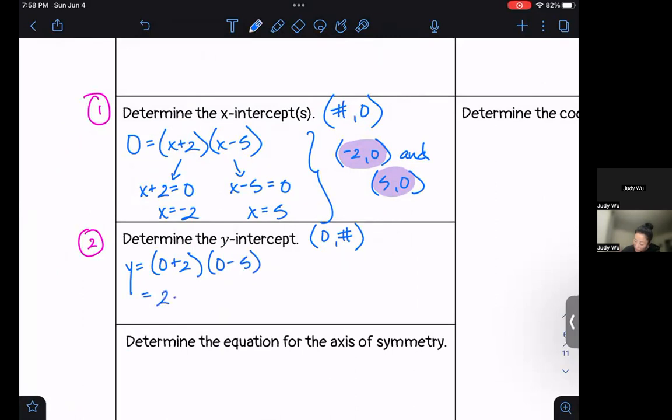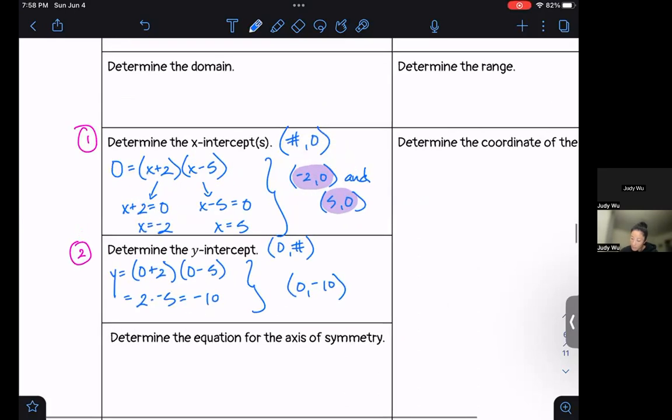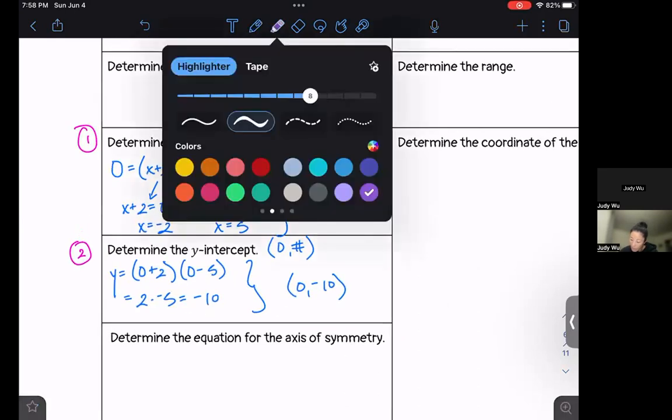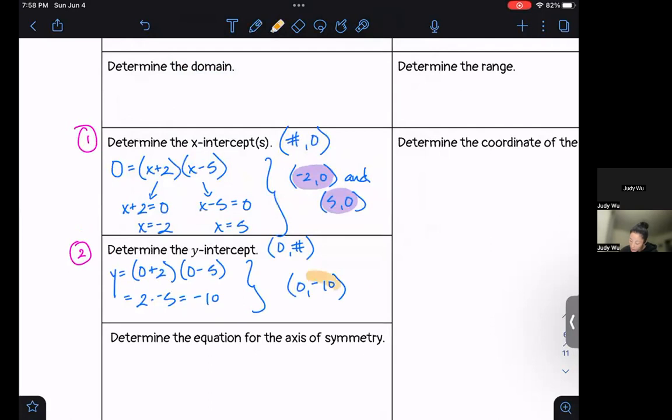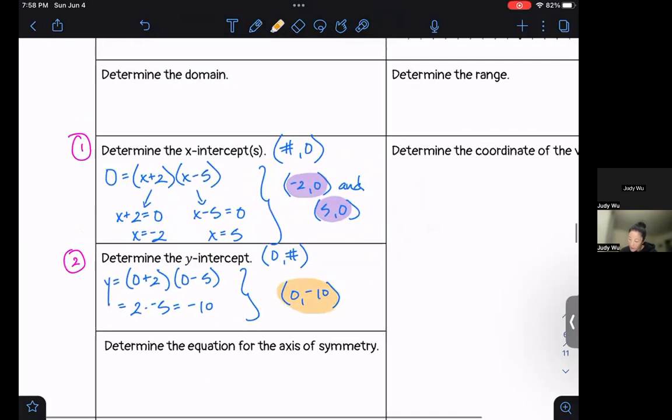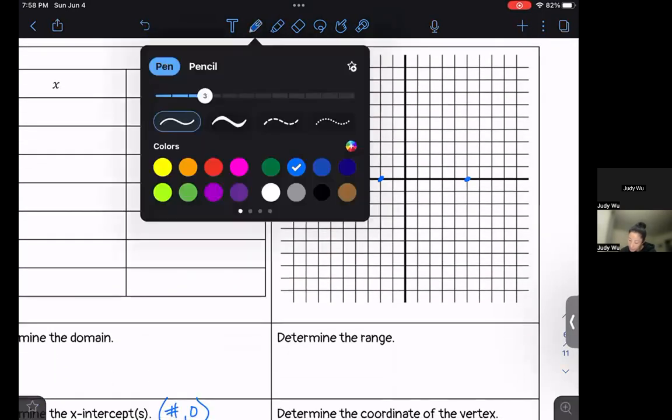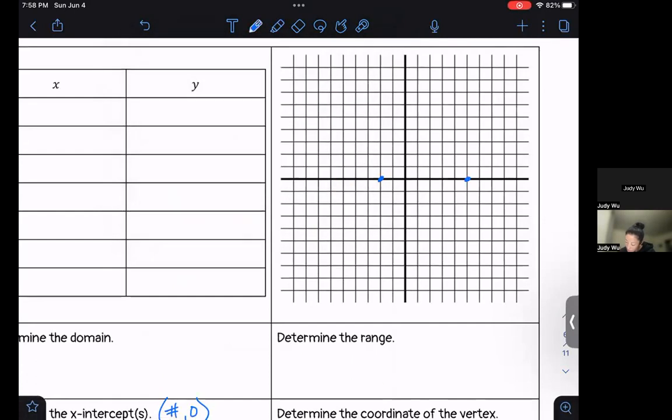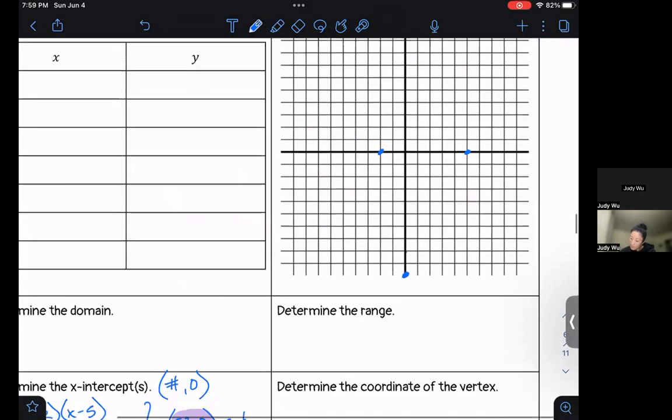That gives us 2 times -5, or -10. But we want to write this as a coordinate, so we're going to write 0 comma -10. And we can go ahead and graph this y-intercept on our graph. So 0, -10. 1, 2, 3, 4, 5, 6, 7, 8, 9, 10.